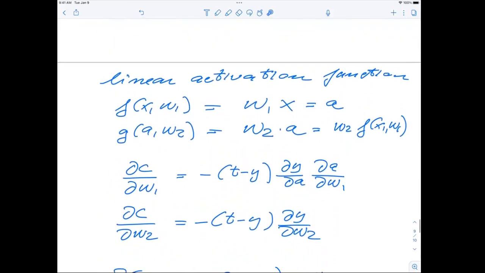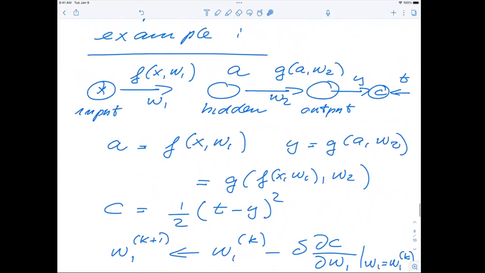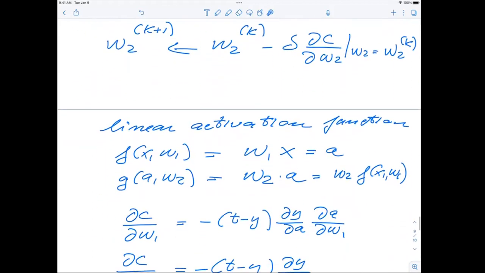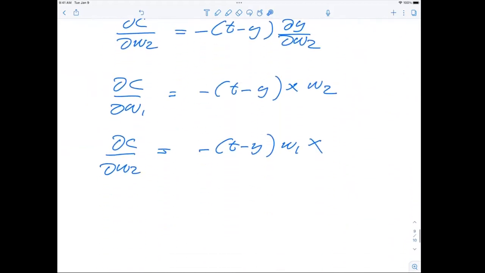So if you're thinking of a kind of back propagation algorithm, we would typically start with the derivatives with respect to W2, and then with those we would calculate the derivatives with respect to W1. So we are not touching the input because the input is always the same. It's left fixed. So the first term which we would need would be to calculate the derivative with respect to W1. So this is the equation which we would get.